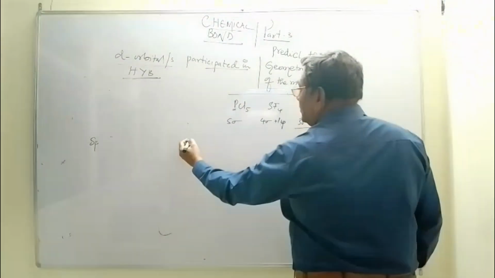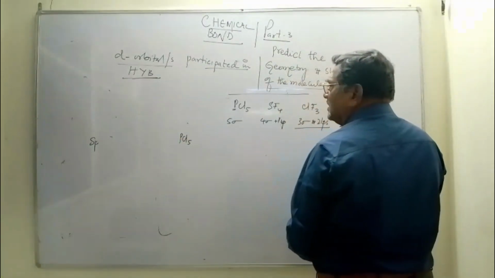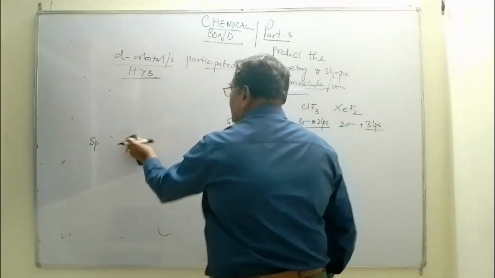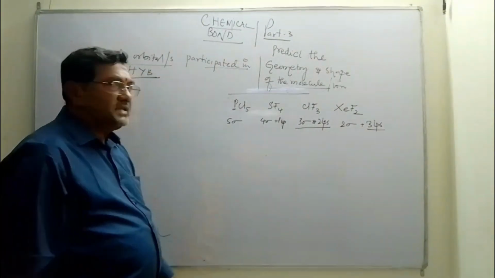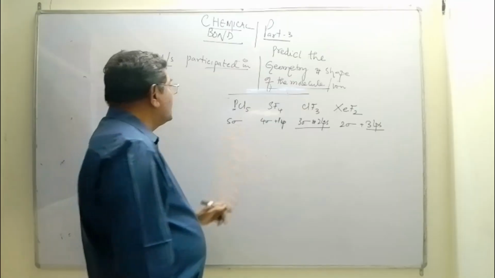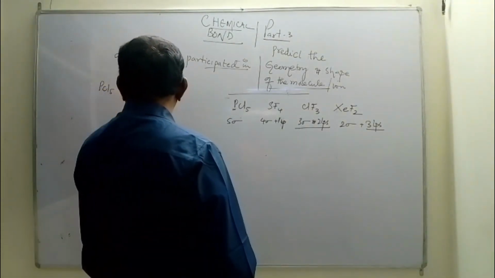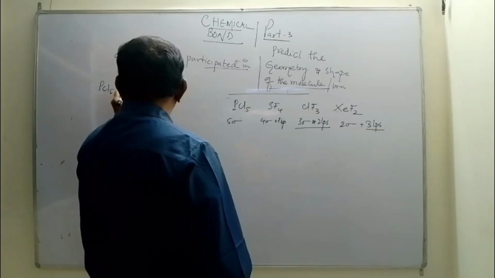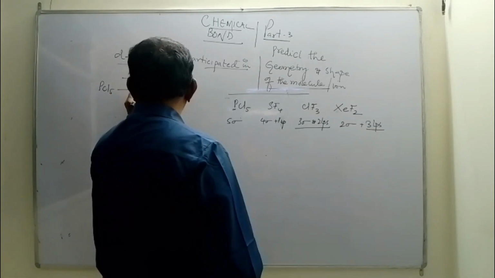When there is no lone pair, take the example of PCl5. Cautiously observe this. It's a decent example for one and all. PCl5: how many hybrid orbitals are present? 5 sigma bonds. Its hybridization is sp³d.